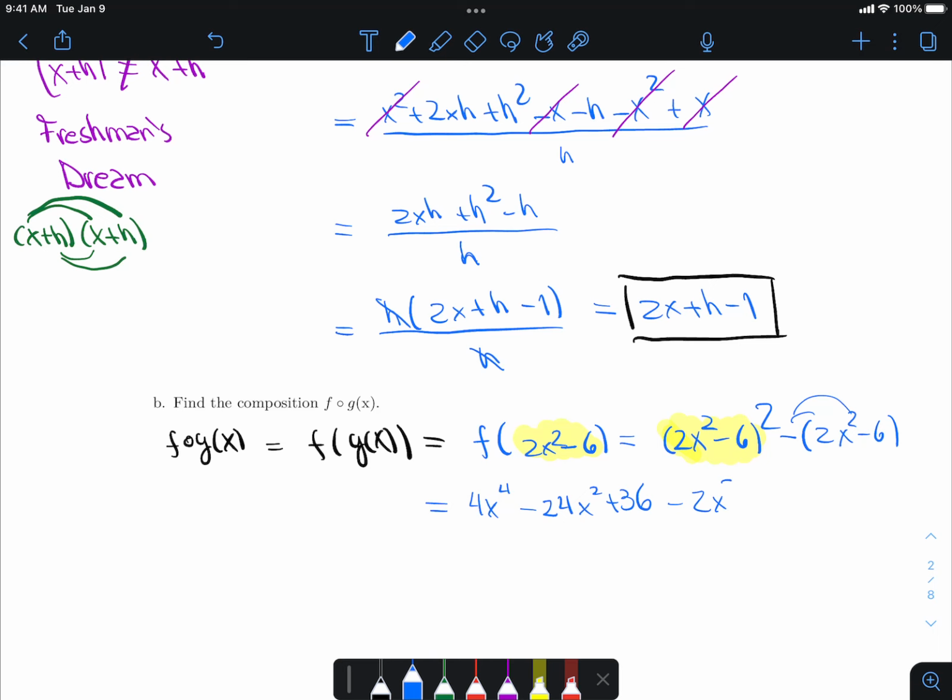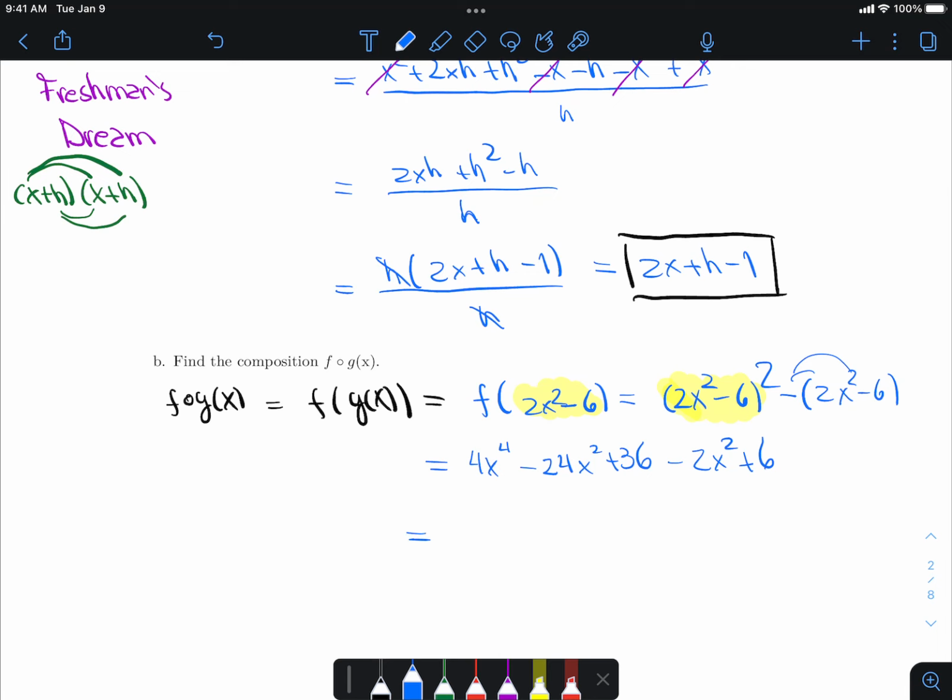That is minus 2x squared plus 6. Combine what can be combined. There's only one term with x to the 4th power, and then there are these x squared terms. So 4x to the 4th minus 26x squared plus 42.